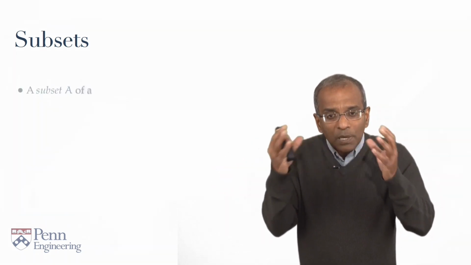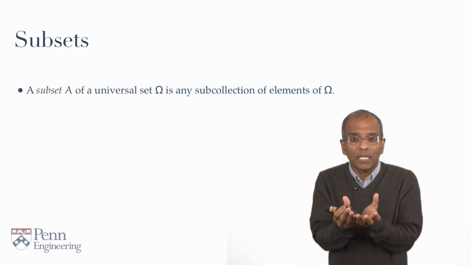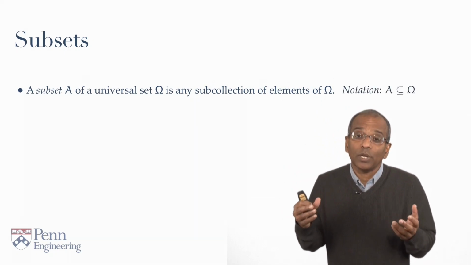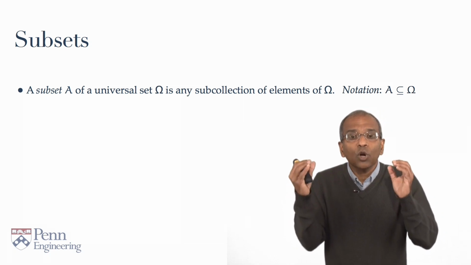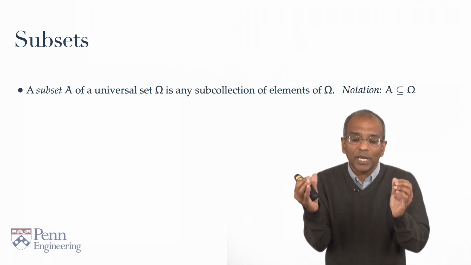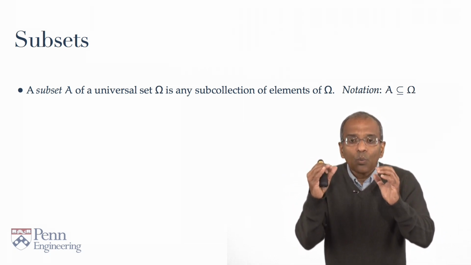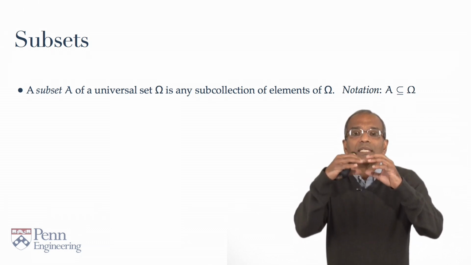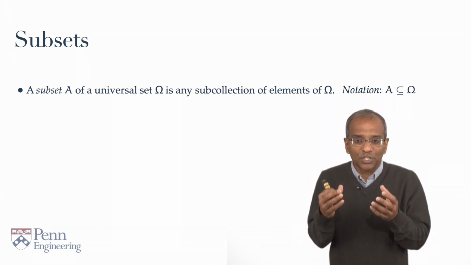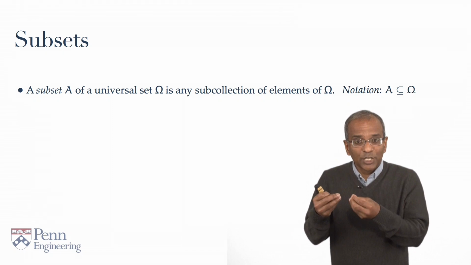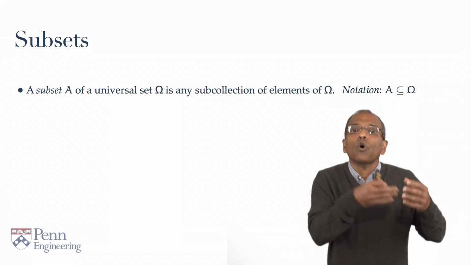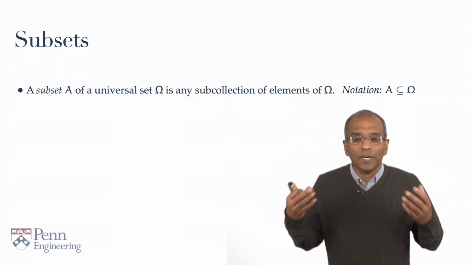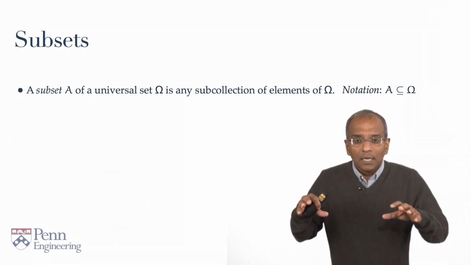Now, a sub-collection of these elements from omega is called, naturally, a subset. And the mathematical notation compactly on the right of the screen tells you how we can describe these subsets. So that notation says A is a sub-collection, it is a subset of this bigger set, omega, in this case the universal set.